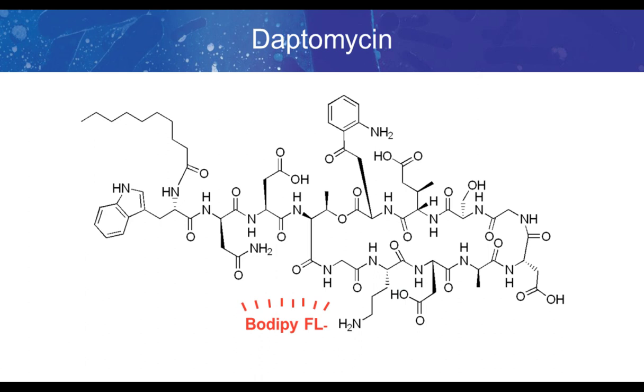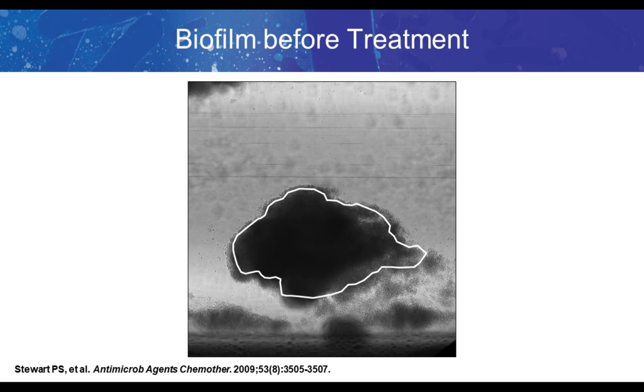And as you can see from the diagram there, it is a rather large molecule. And we also labeled that with a fluorescent label, making it even larger, but also enabling us to visualize it microscopically.